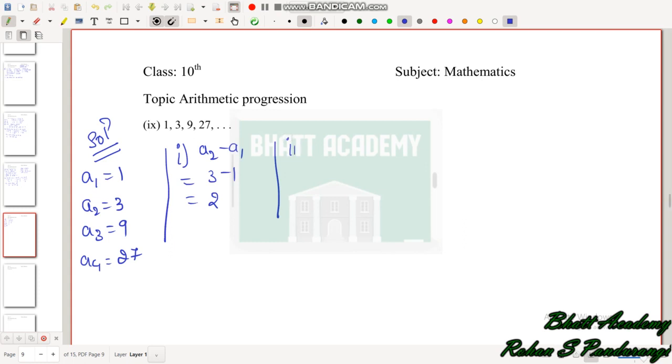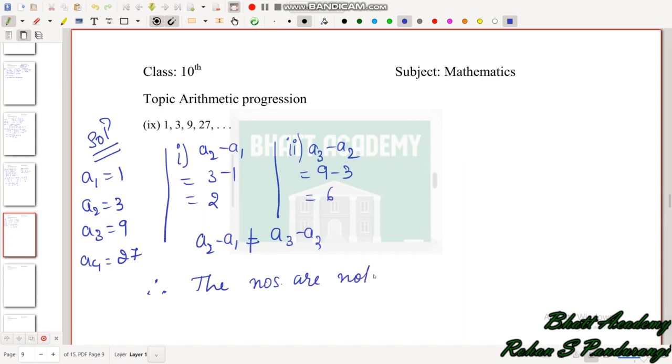Condition 2 check ಮಾಡಿದಾಗ a3 minus a2, that is 9 minus 3, which comes out to be 6. So a2 minus a1 is not equal to a3 minus a2. Therefore the numbers are not in arithmetic progression. Okay, so we'll go to next problem.